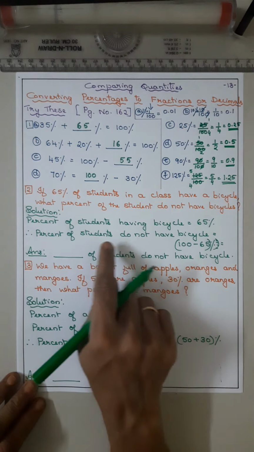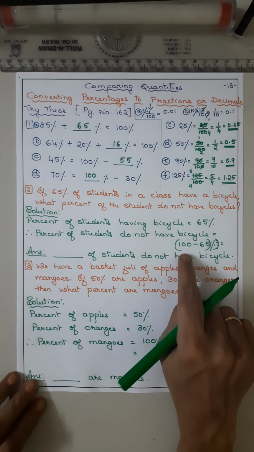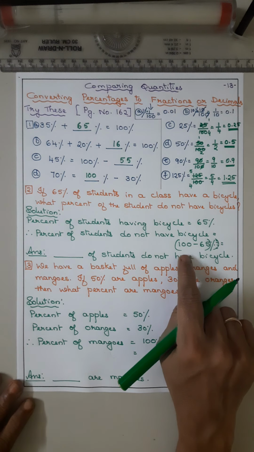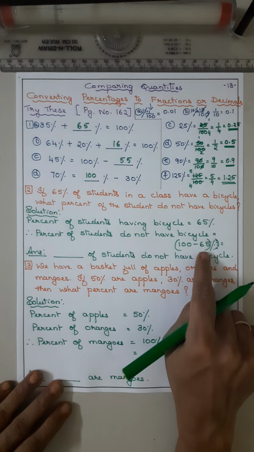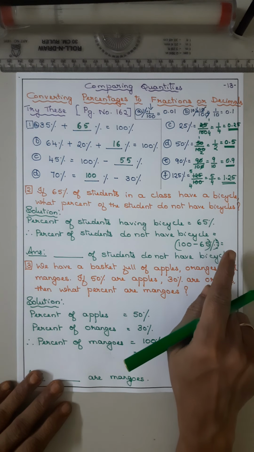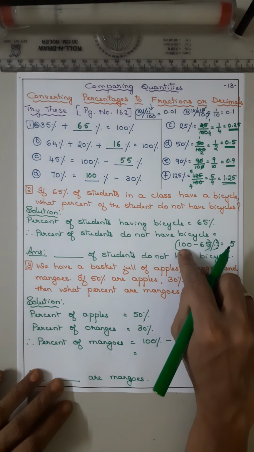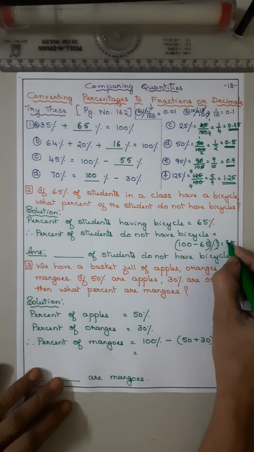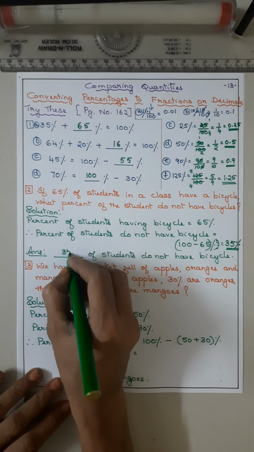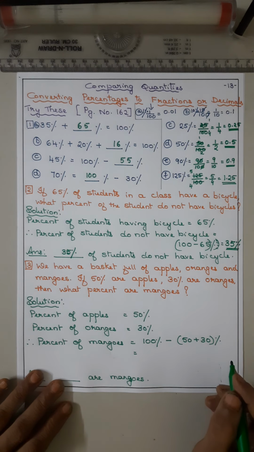Therefore, percent of students who do not have a bicycle. The total percent is always 100%, isn't it? So 100% minus 65%. 10 minus 5 is 5. Now 9 is remaining. 9 minus 6 is 3. So the answer is 35% of the students do not have a bicycle.